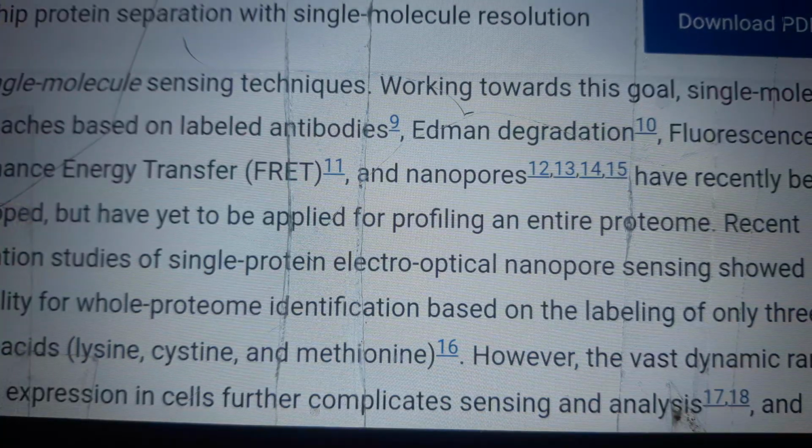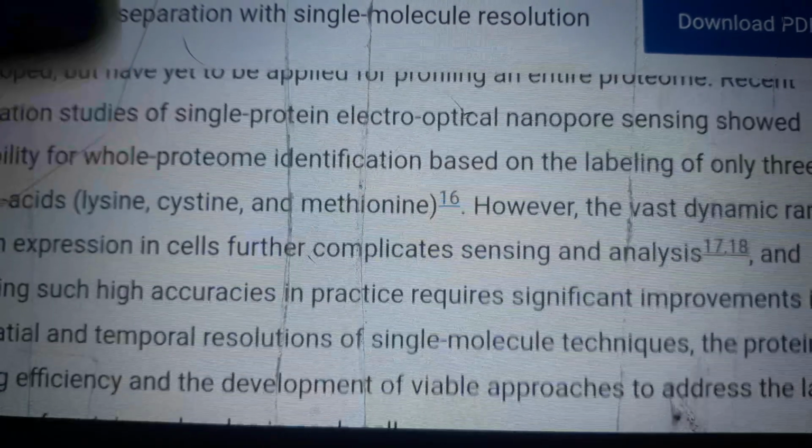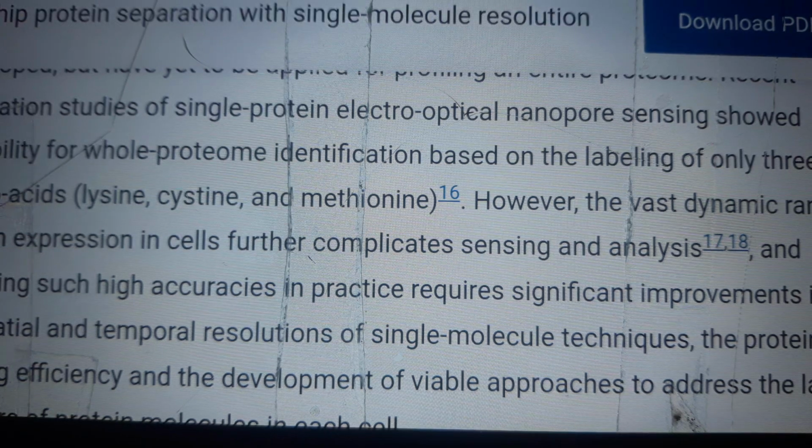Working towards this goal, single molecule approaches based on labeled antibodies, Edman degradation, fluorescence resonance energy transfer, FRET, and nanopores have recently been developed but have yet to be applied for profiling an entire proteome. Recent simulation studies of single protein electro-optical nanopore sensing showed feasibility for whole proteome identification based on the labeling of only 3 amino acids: lysine, cysteine, and methionine.